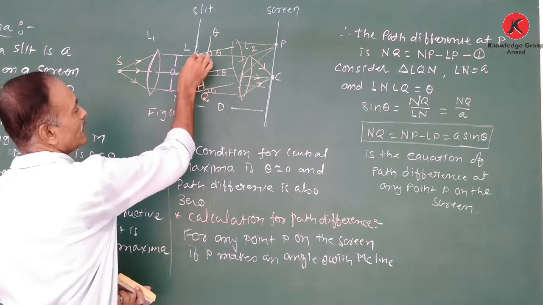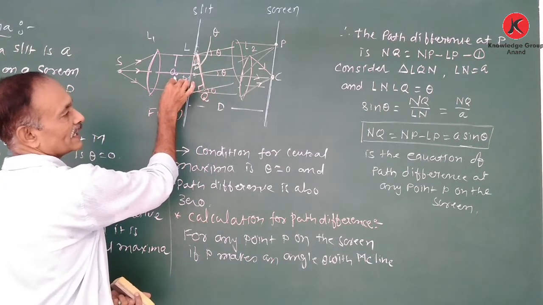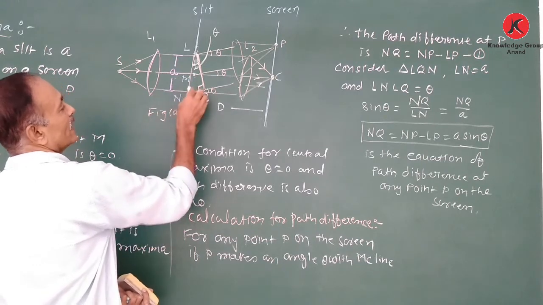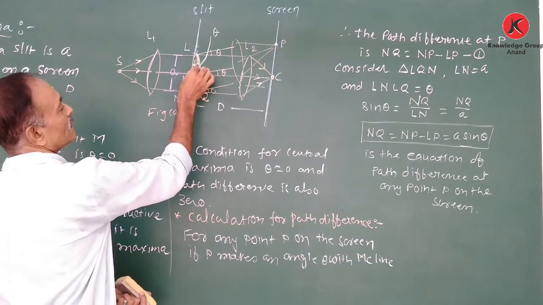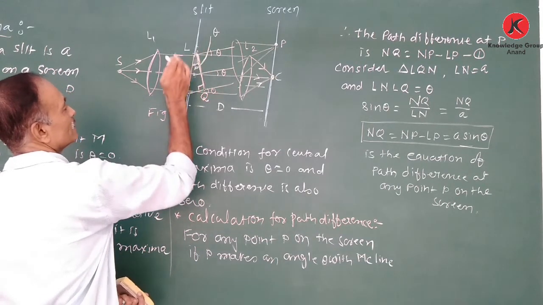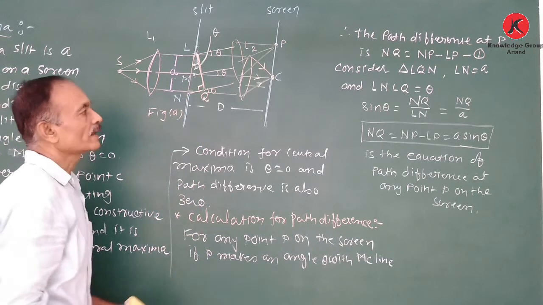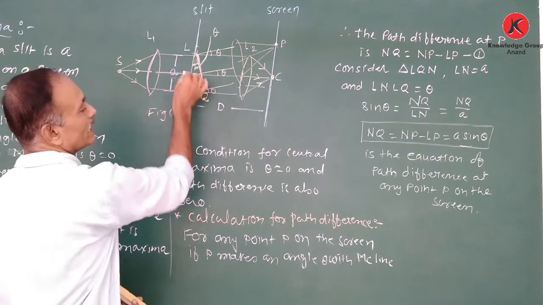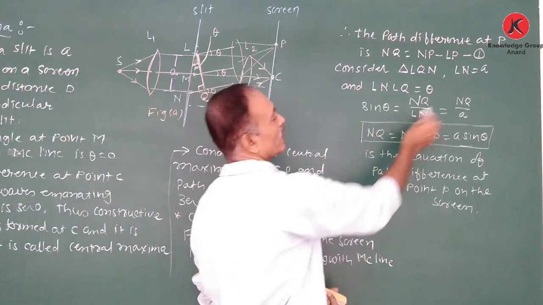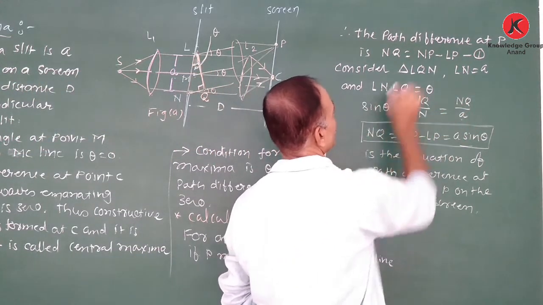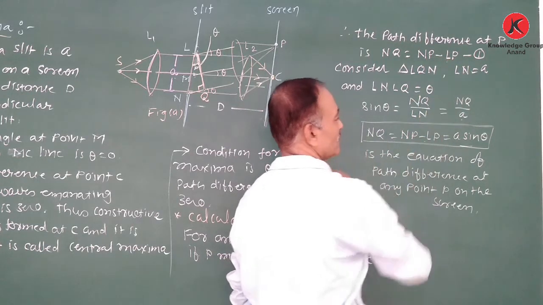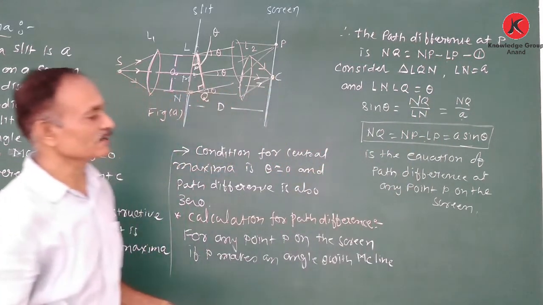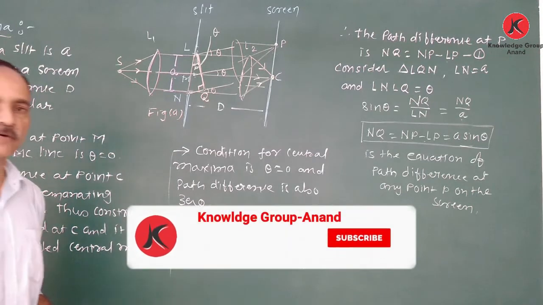In LQN, LN is our slit width A and angle NLQ is equal to theta. Therefore, sin theta is NQ upon LN, LN is equal to A. Therefore, NQ is equal to A sin theta, and NQ is equal to NP minus LP. So it is the equation of the path difference at any point P on the screen.